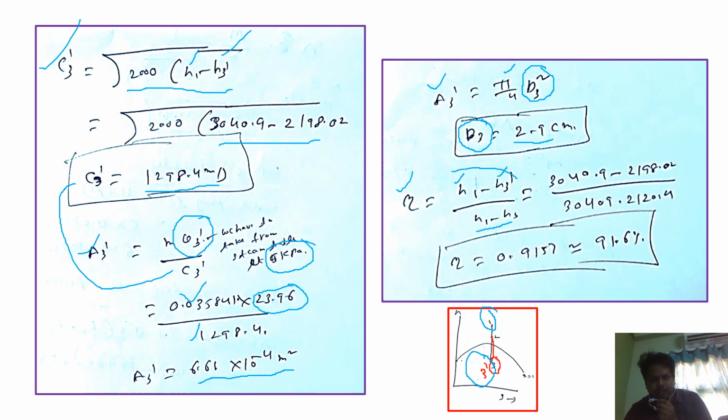The numerator is actual, the denominator is ideal. Substitute all the values. The efficiency is 0.9157, that means 91.6%.